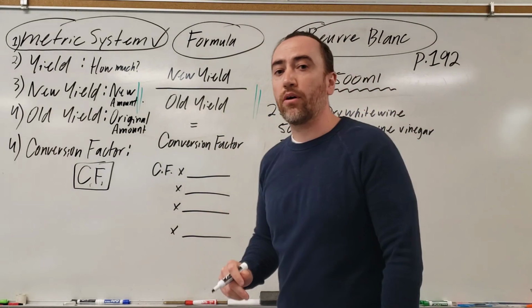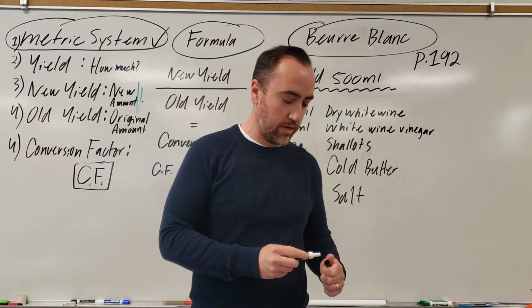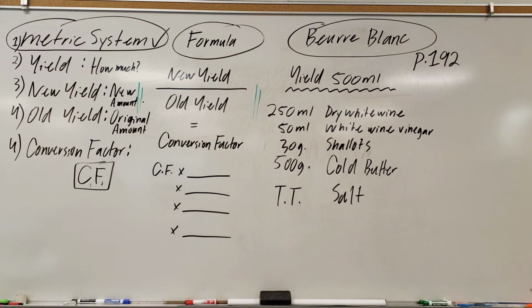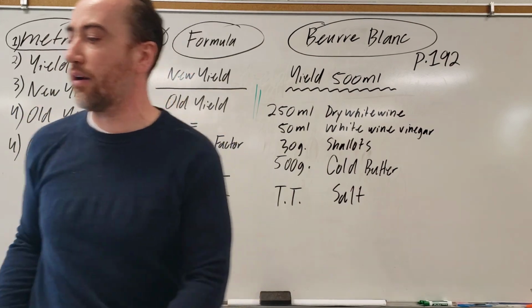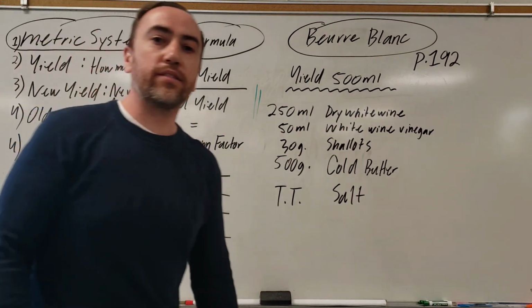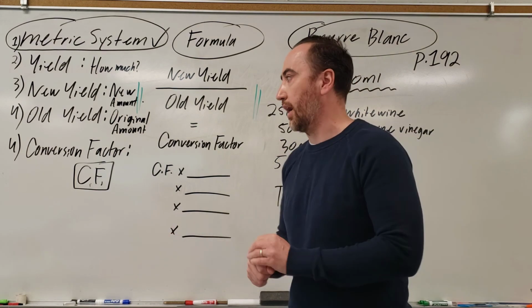Okay, let's talk about a random recipe that I've selected out of the culinary textbook, Professional Cooking. You might have access to that online, or you went to pick up a hard copy at the school, okay?